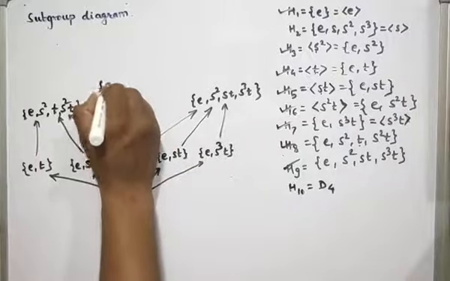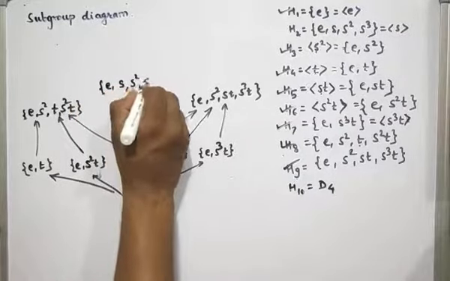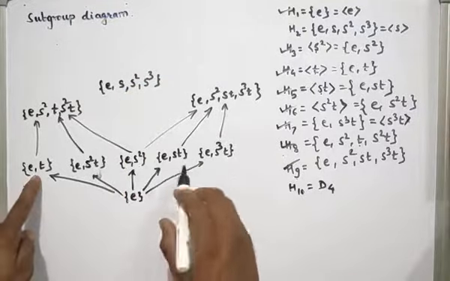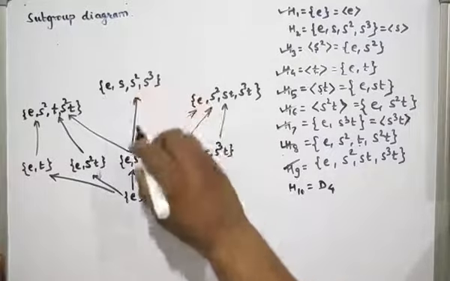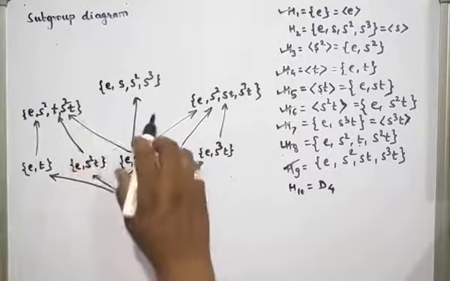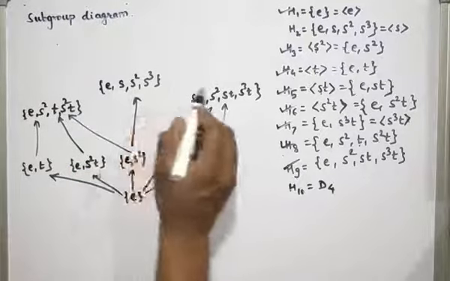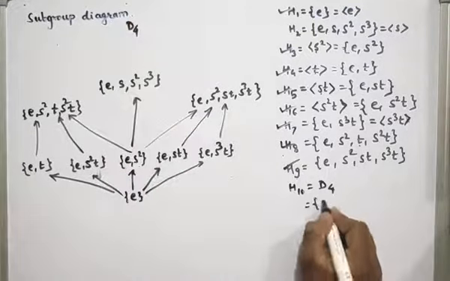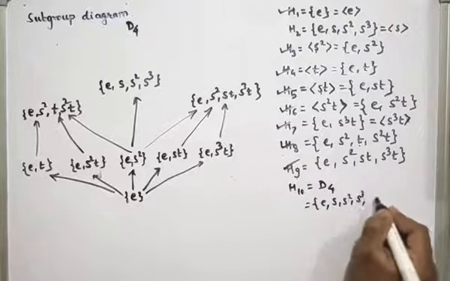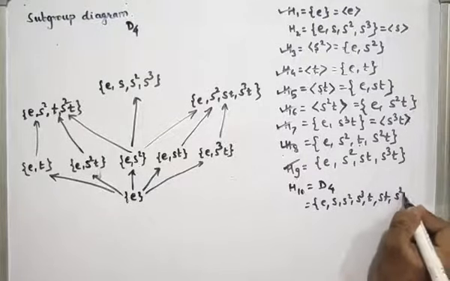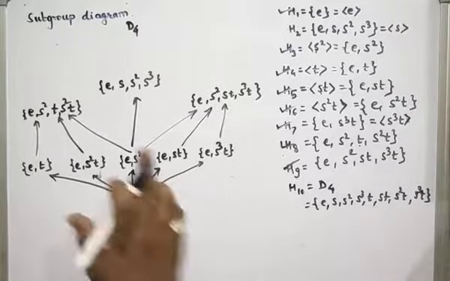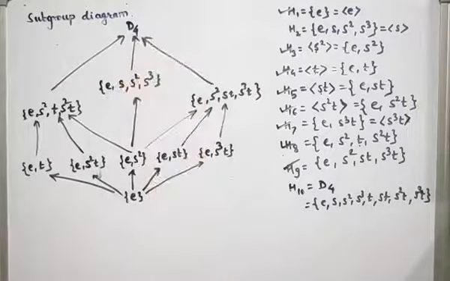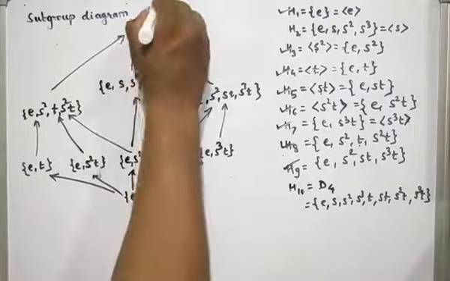Here identity S square is a subset of this, and these all three are subsets of D4, because D4 has elements identity, S square, S cube, T, S square T and S cube T, right? So all these are subsets of D4. So this is the subgroup diagram of D4.